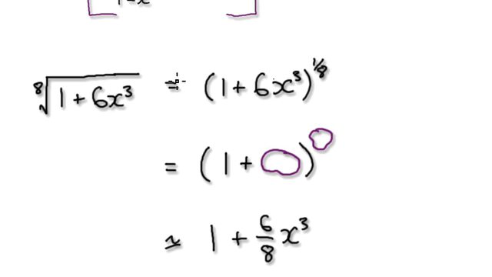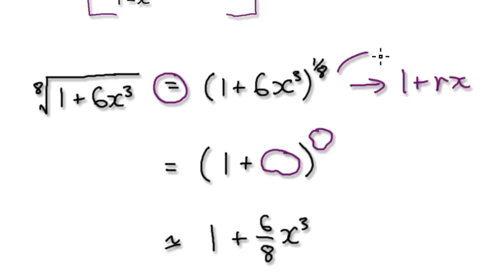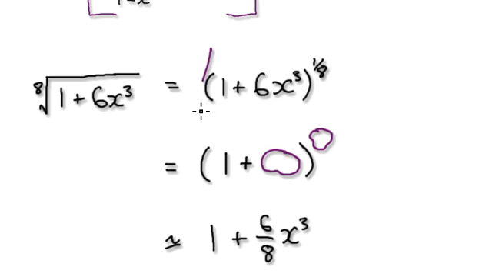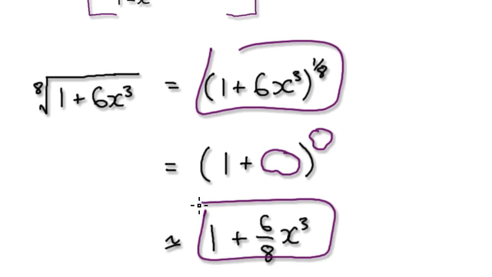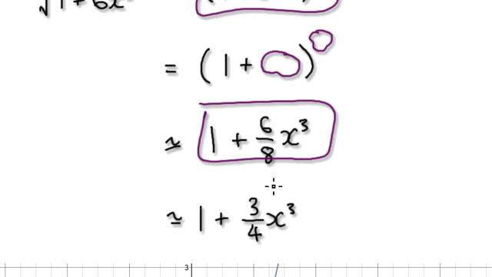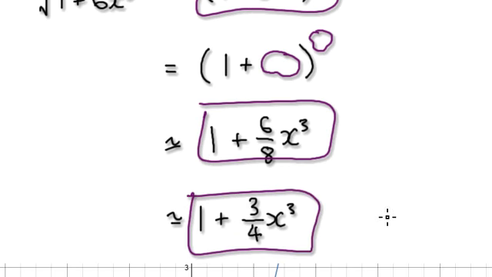So you've got to use the equal sign here. But then the minute you jump to 1 plus rx here, the minute you do that, you're approximating it. So you've got to use this symbol here, approximate. Okay, so anyway, this will approximate to this. Okay, and then you tie it up, and the overall answer would be this here.